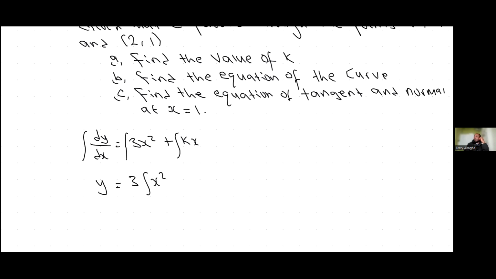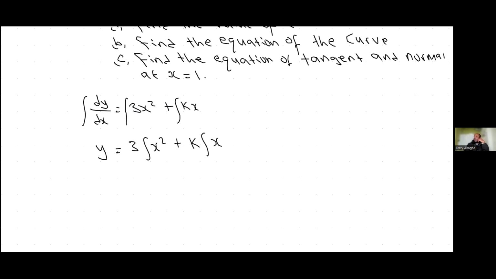And we bring out the constant k, you integrate x. And then this is going to give us 3 into brackets x to the 2 plus 1, which gives 3 divided by 3, plus k, 1 plus 1 gives you 2 divided by 2, plus c. And this is equal to y.